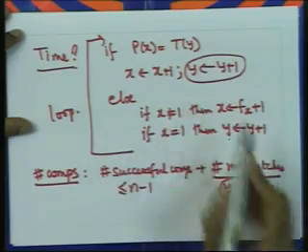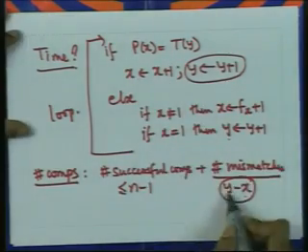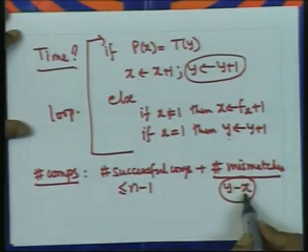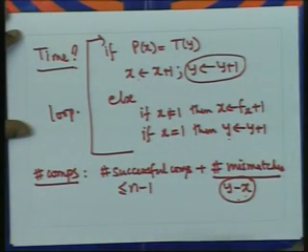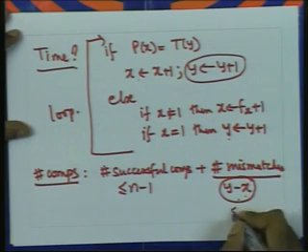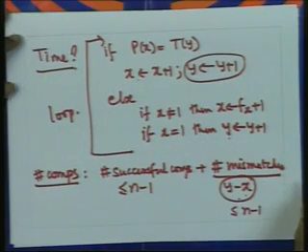If there is a match, y minus x remains the same, right? Both of them go up by 1, nothing happens to this. If there is a mismatch, this increases. Initially this is 0, the largest this can be is at most n minus 1. So, the number of mismatches is also at most n minus 1.